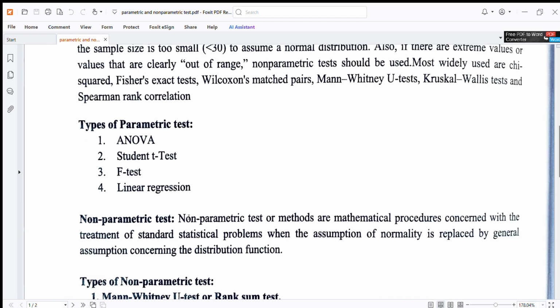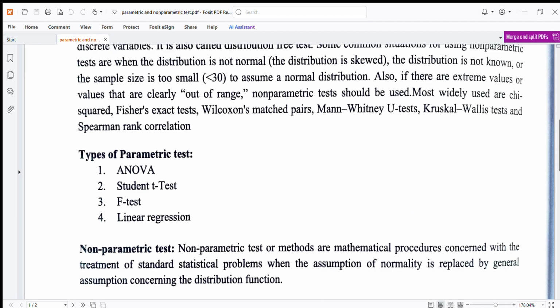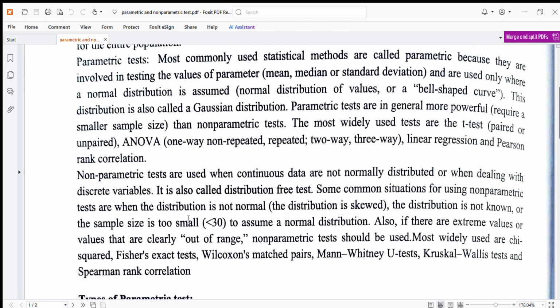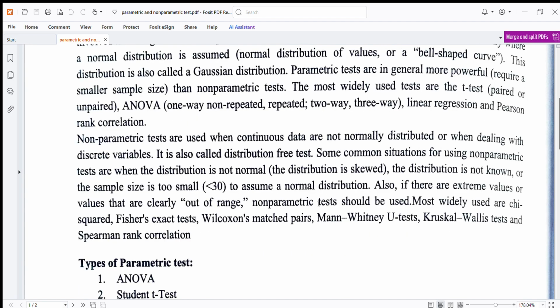This is all about the parametric and non-parametric tests. A simple question: find out which ones are the parametric tests. The parametric tests are the t-test, ANOVA, linear regression, Pearson rank correlation. Non-parametric tests are chi-square, Fisher's exact test, Wilcoxon matched pair, Mann-Whitney U test, Kruskal-Wallis test, K test, and Spearman's rank test.